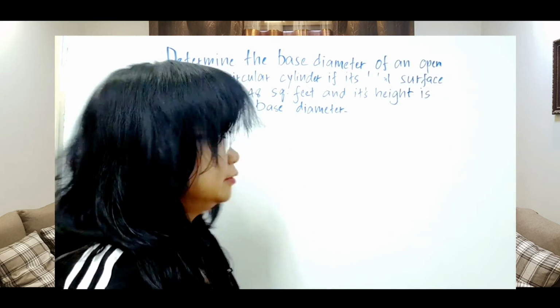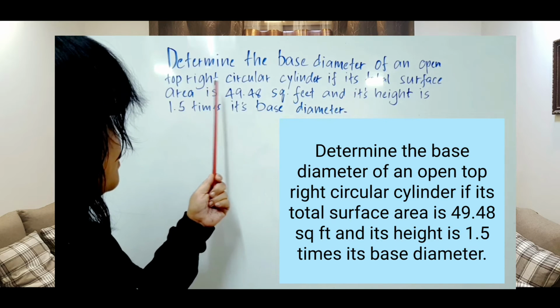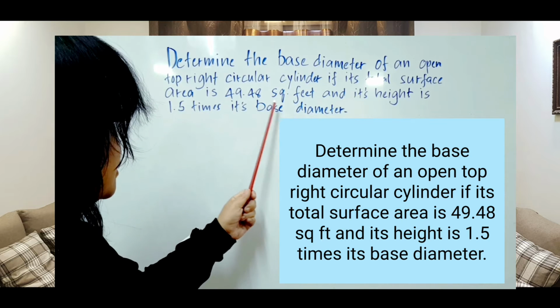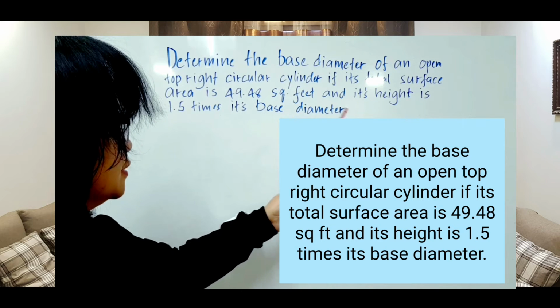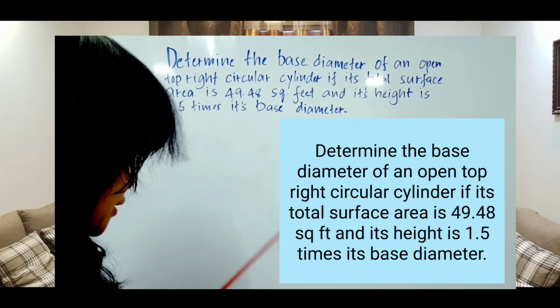Another question. Determine the base diameter of an open top right circular cylinder if its total surface area is 49.48 square feet and its height is 1.5 times its base diameter.